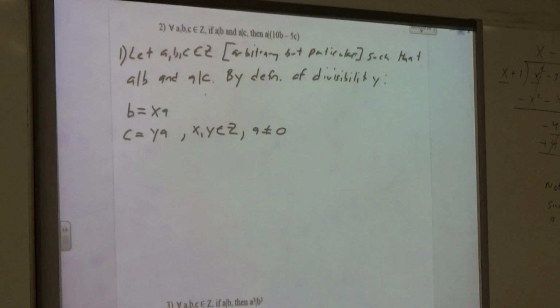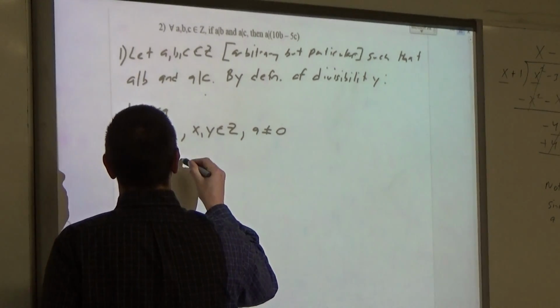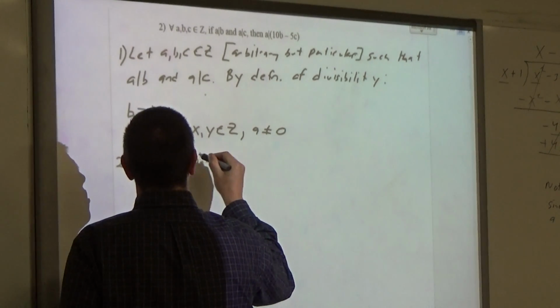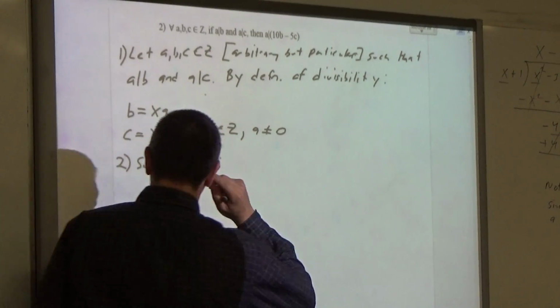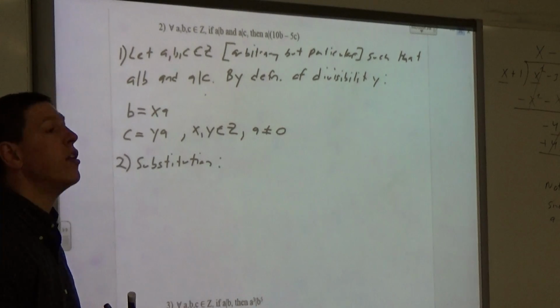Okay, so now we do the substitution step. Wait, why can't A be 0 again? Oh, because remember, if we're talking about divisibility, that means if you divide whatever's on the right by the left, you should get an integer.